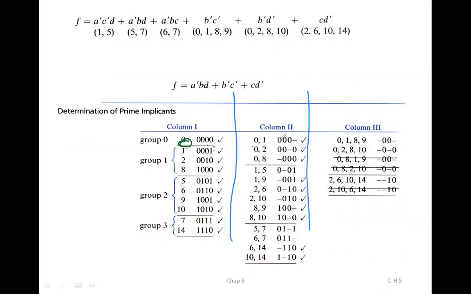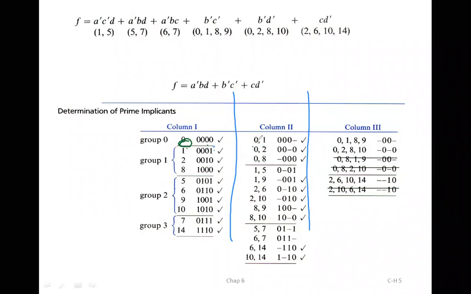But here 0, 0, 0 hyphen 0 hyphen 0 1. So 0 has changed to hyphen, means one bit change is there. Third bit 0, 0 same. Fourth bit hyphen is changed to 1. So what happens? 2 bit changes are there. So I cannot consider that.